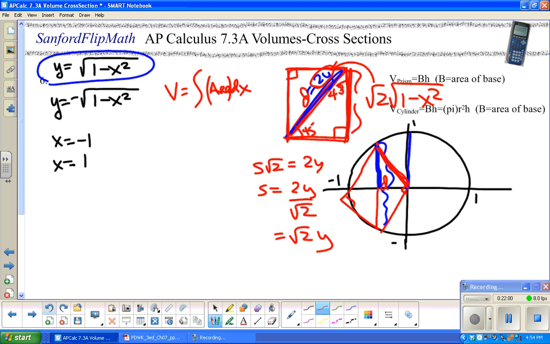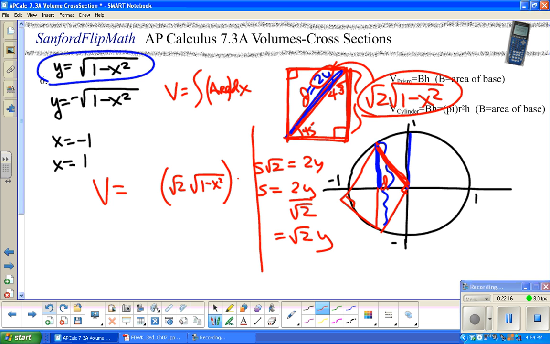Okay, so the volume, the area of one of these will be this times itself. The volume of one slice then will be that times dx, and I'm going to add them up, going all the way from -1 to +1. And that's supposed to be squared, sorry.